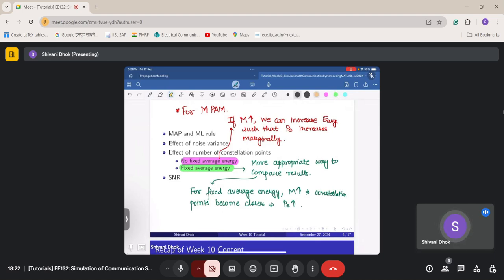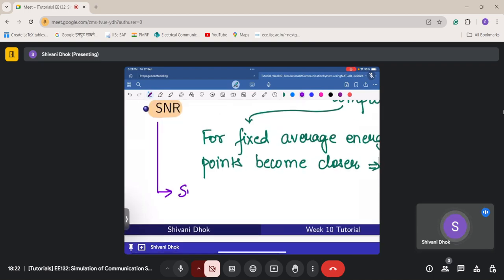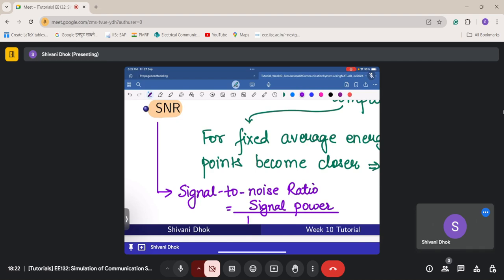We'll again see these things, and then we have this SNR, where this SNR is known as the signal to noise ratio. So this is signal power divided by noise power.